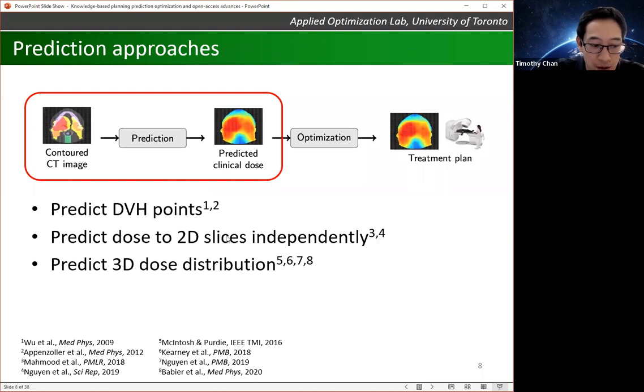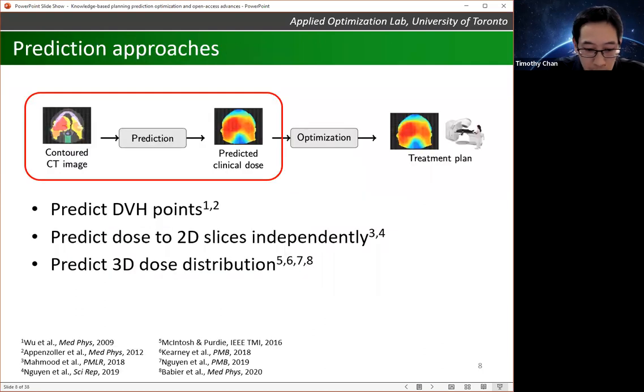Some of the earlier work looked at predicting the 2D slices independently. So thinking about a 3D object, separating it into one slice at a time, and predicting a dose distribution one slice at a time, but not thinking about the correlations across slices. And then, more recently, trying to predict the full 3D dose distribution all at once, taking into account those vertical correlations.